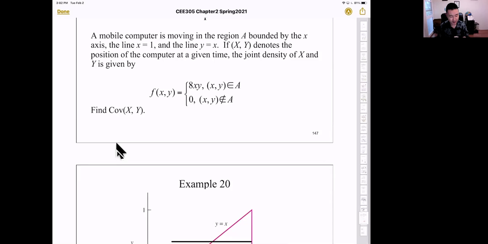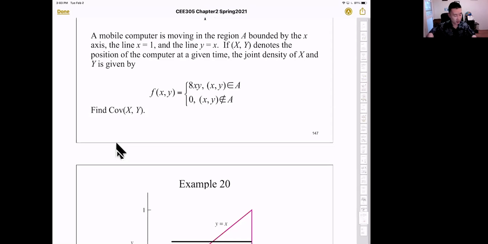Again, I do not expect to see questions of this kind of difficulty in the exams, but at least you should try to understand the steps, the procedure, and why we do that calculation, and what range of integration we need to use. So let's read this question together.